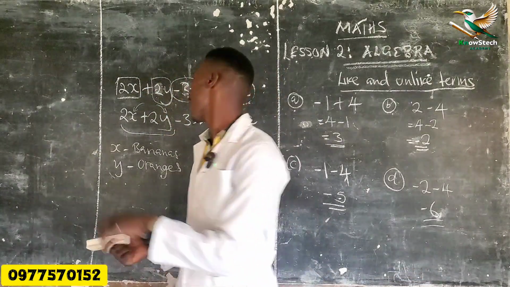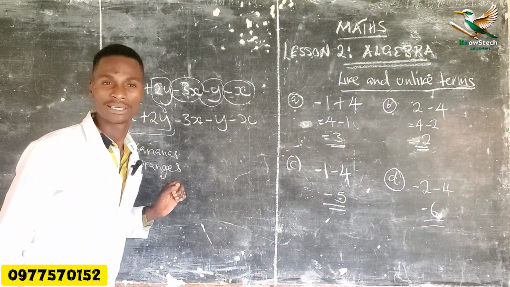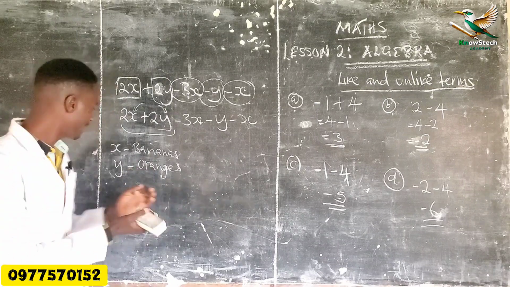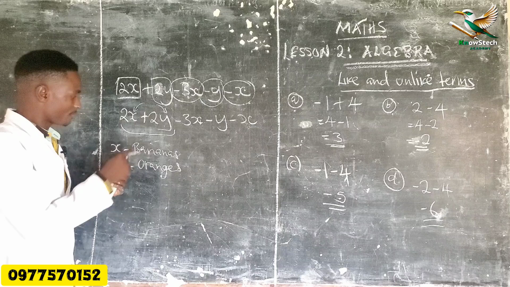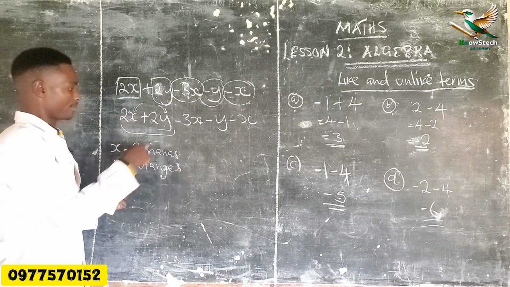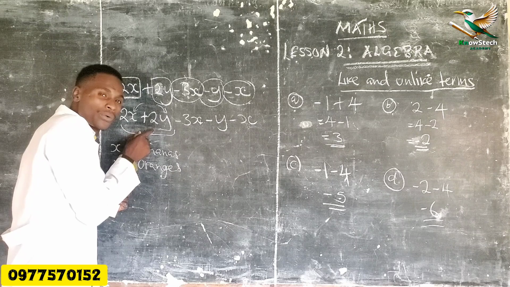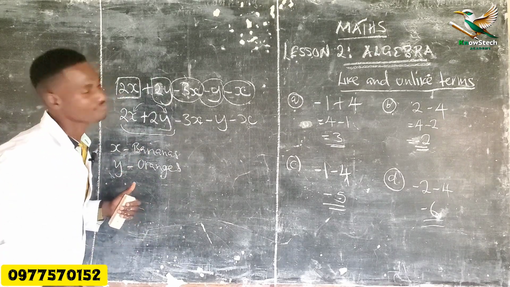Can you say, I have 4 bananas and oranges? No. Why? Because there's no way you can combine bananas and oranges. X represents bananas. Y represents oranges. So there's no way you can add these two. So you can't say I have 4 bananas, oranges.